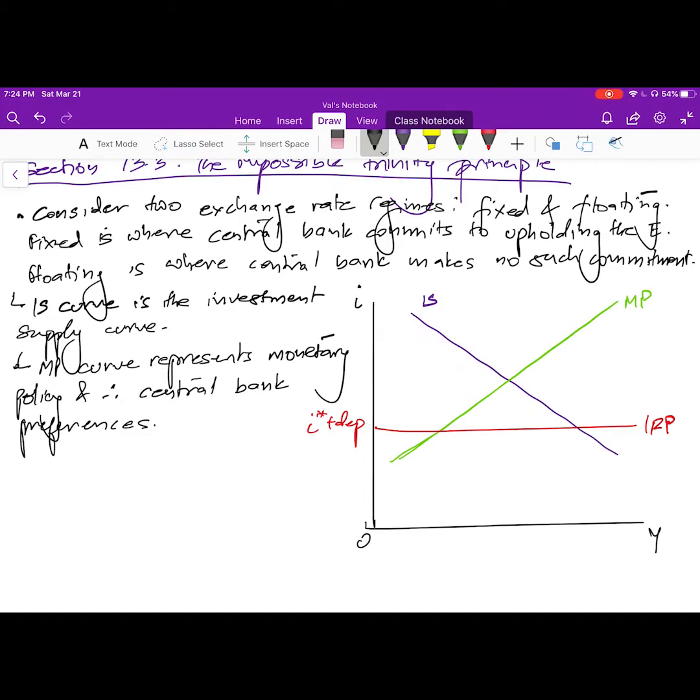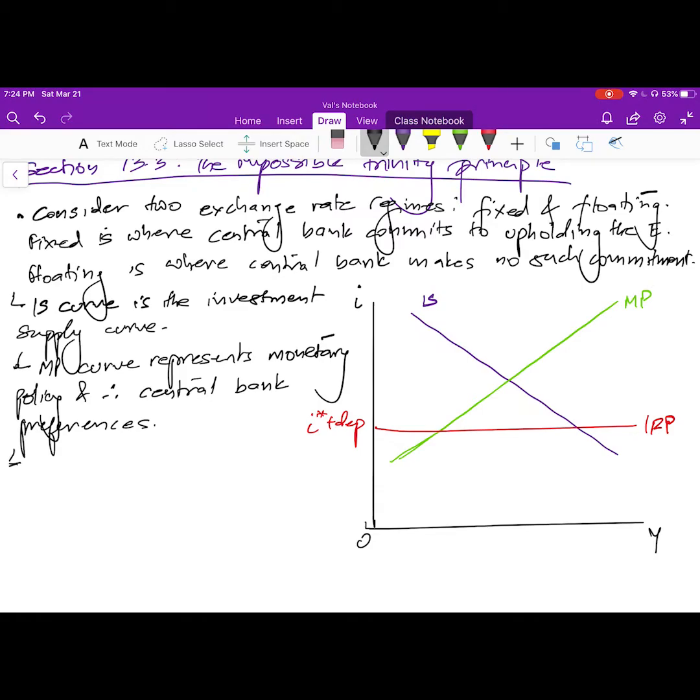The monetary policy curve is an interesting curve in that it's a counter-cyclical curve. When the output is decreasing, interest rates should go down as well, and when the output is increasing, interest rates should go up, right? It's a counter-cyclical curve by definition. The third curve is something that you may have never seen, so we'll talk about it for a second.